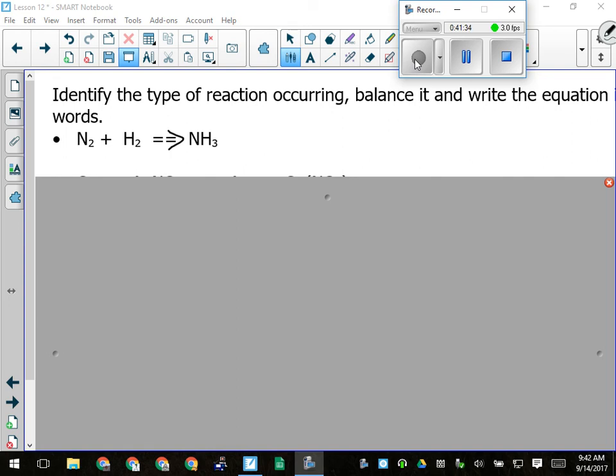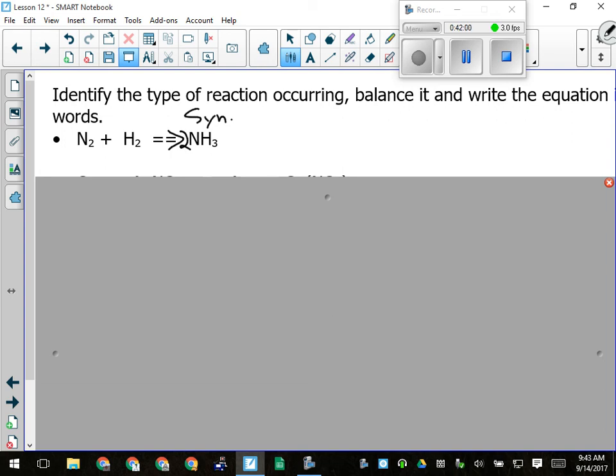So let's just look first at the reaction type. What kind of reaction is this? It's a synthesis reaction. Now for balancing, I've got 2 nitrogens over here. I've only got 1 over here. But if I balance my hydrogens first, I think it might mess things up. So I'm going to balance my nitrogens by putting a 2 here. Now my nitrogens work.